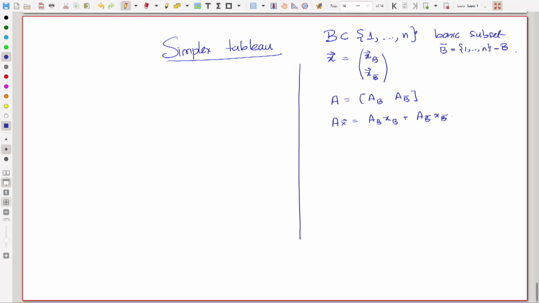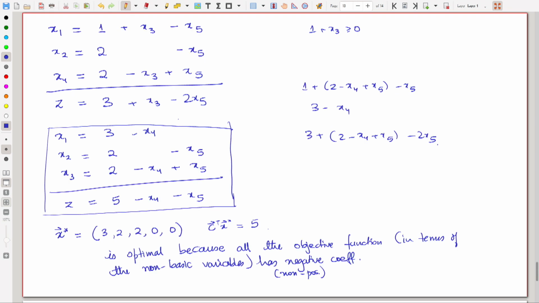Okay. So, a simplex tableau is of the form where you express the basic variables as some column of constants plus Q times x B bar. So, you are basically expressing the basic variables in terms of the non-basic variables, and z is equal to z naught plus r transpose x B bar. So, if you look at this example here, B is 1, 2, 3.